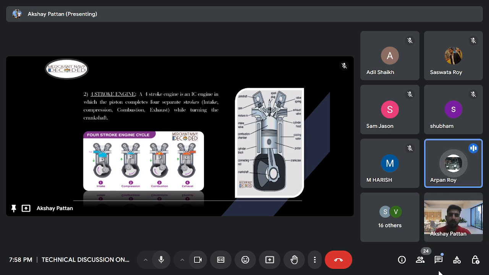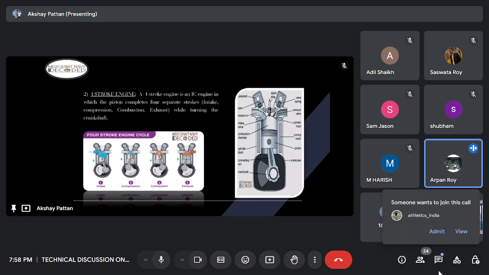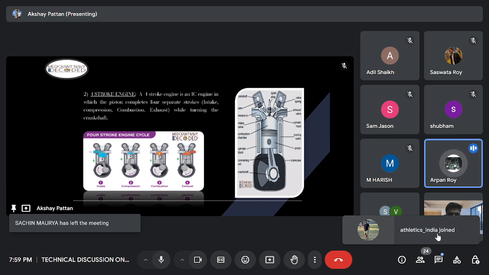Sir, in suction stroke, the fuel vapor in correct proportion is supplied to the engine cylinder. Okay. In compression stroke, the fuel vapor is compressed in the cylinder, and expansion stroke is also known as power stroke, where power is produced. When the fuel is compressed and combustion takes place, it pushes the piston to the BDC, so that we get the power stroke.